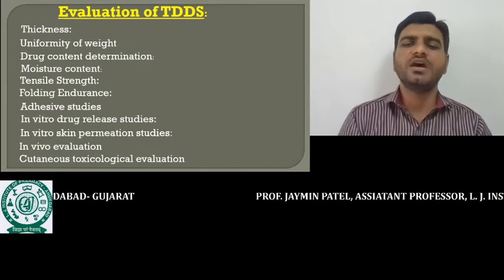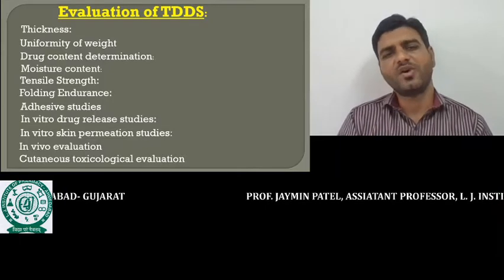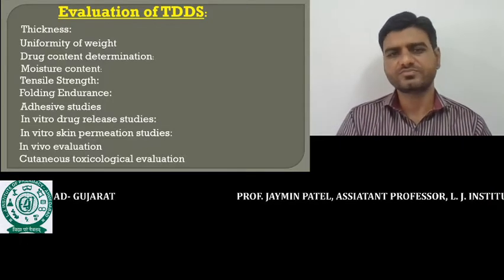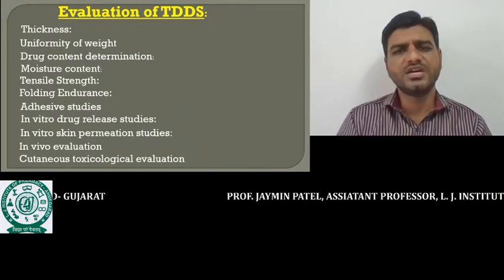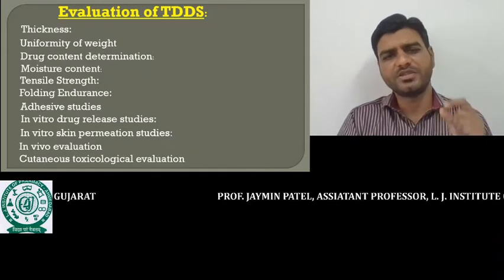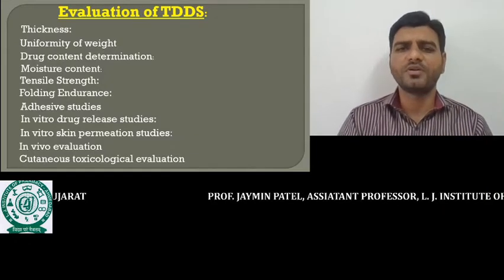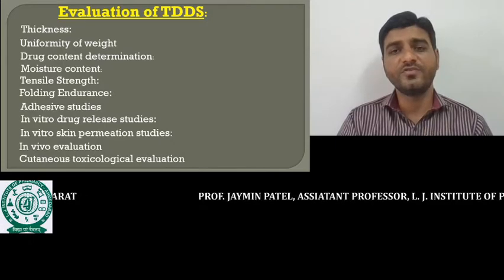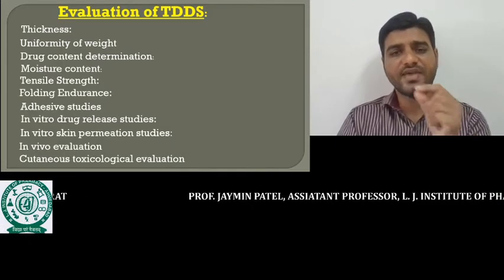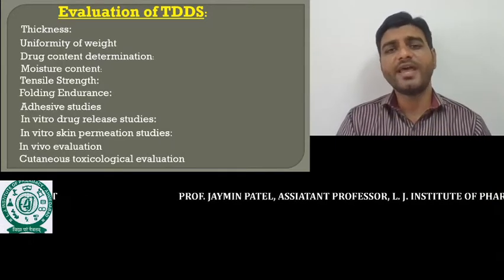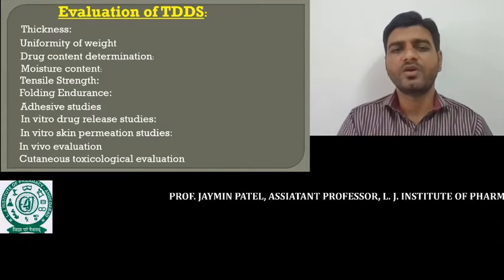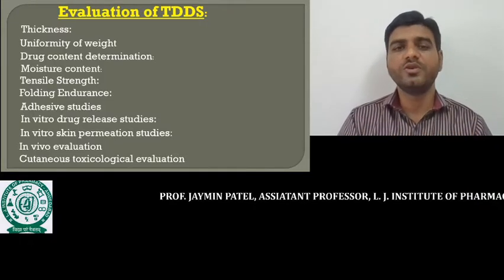If we talk about the evaluation parameters of the transdermal drug delivery system, we have to check the thickness of the film, which should be proper. Uniformity of weight: the transdermal patch weight should not vary from patch to patch. Drug content should be uniform.